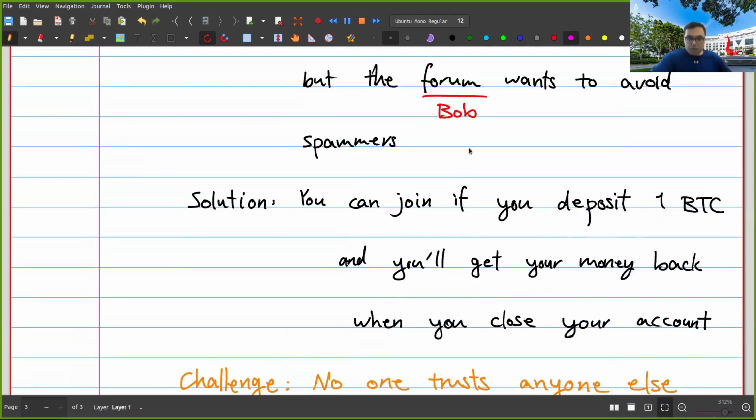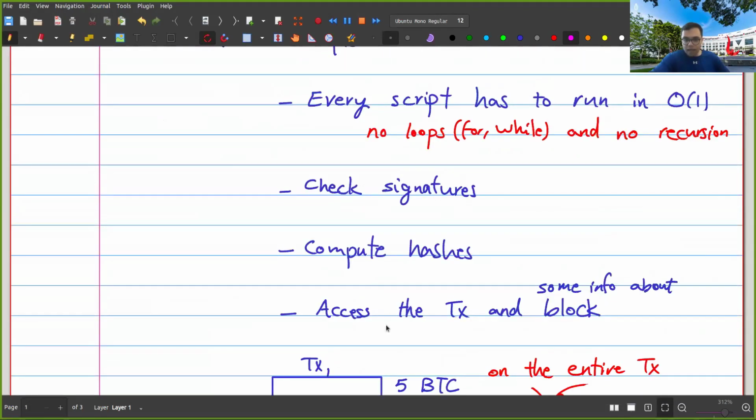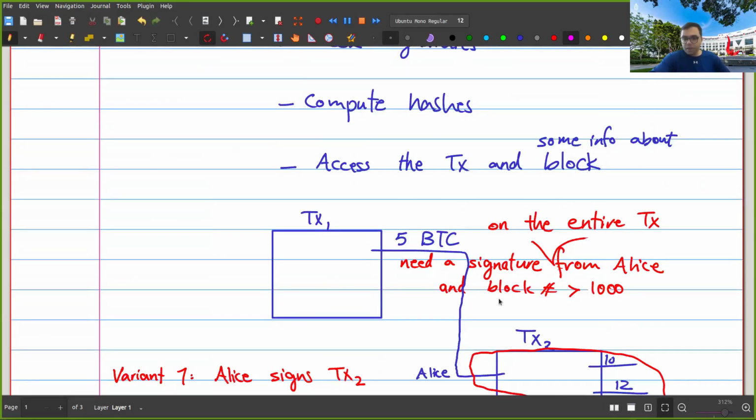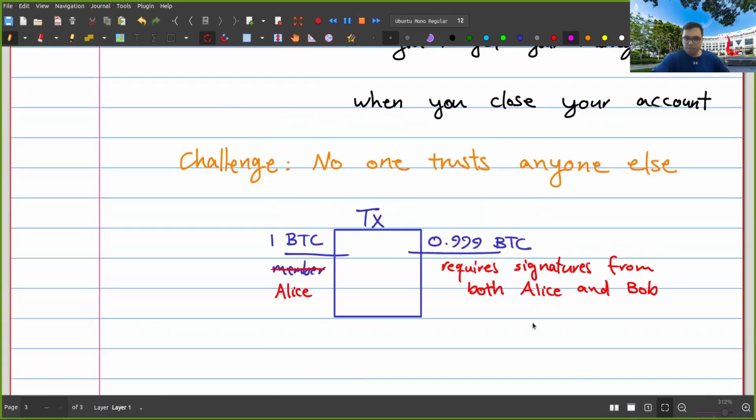But remember, our scripts can do more than this. Our scripts can also access the transaction and some information about the block, and especially they can access the block number. So I can change this script. I can write a better script.